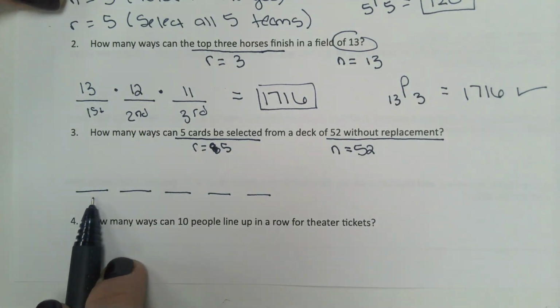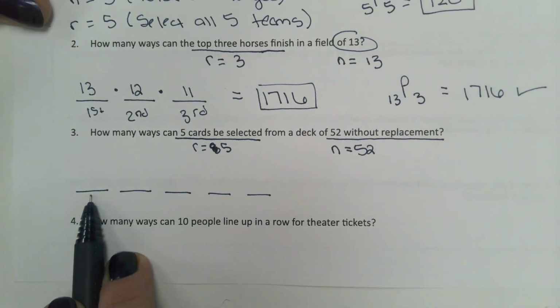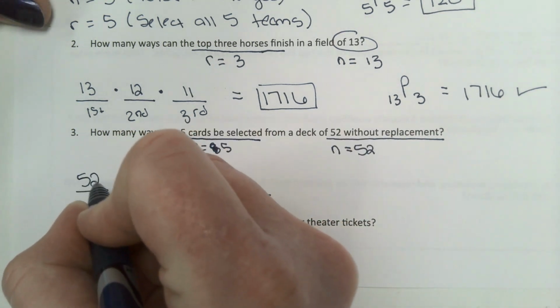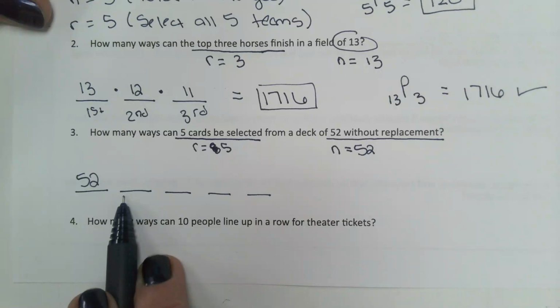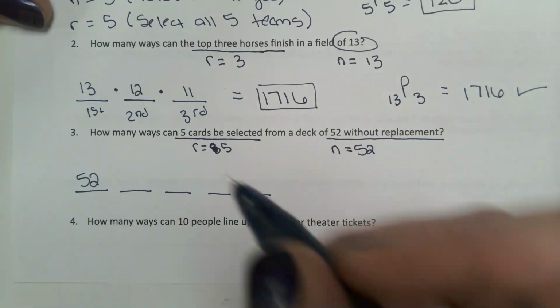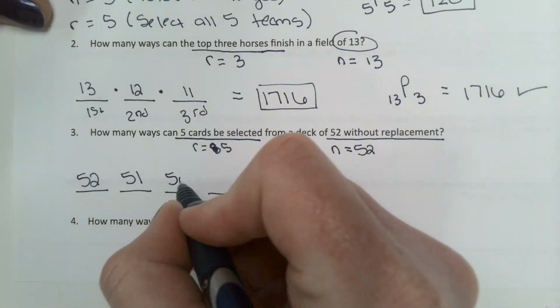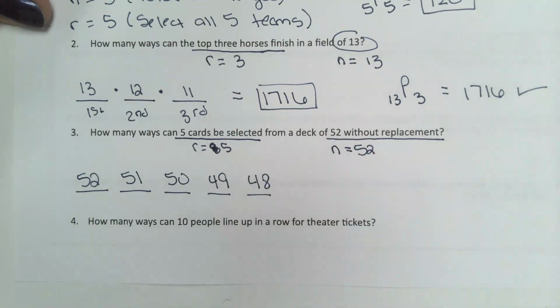All right, so 1, 2, 3, 4, 5. So if you were to do it like we did yesterday, how many choices do you have for the first card? 52. This says we aren't going to replace it, so we aren't going to put it back. So in that case, how many choices are left for the next card now? 51, and then 50, and then 49, and then 48.